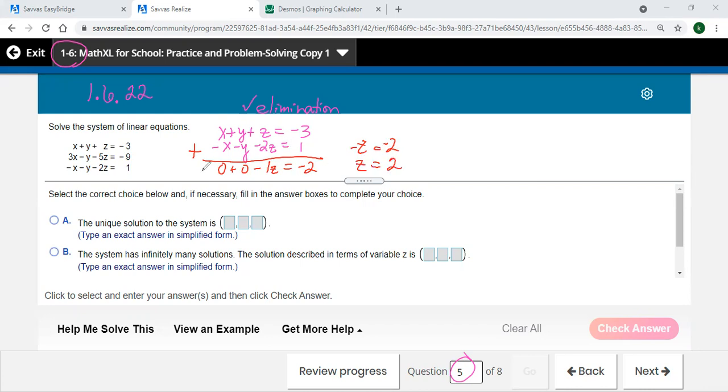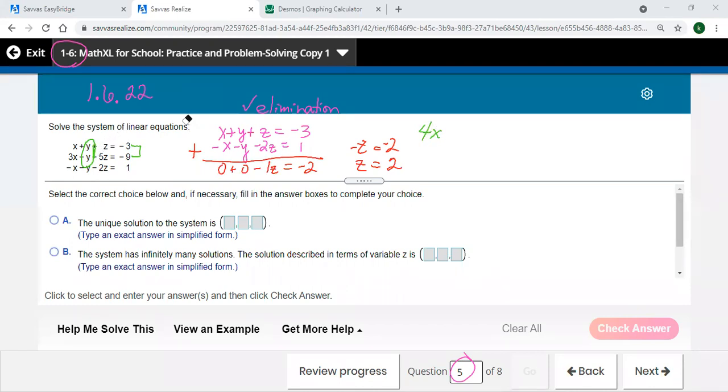Now, in order to find the next variable, we have to combine two different equations. In this case, I think I would do the top two, because the y and the negative y are going to cancel. So x and 3x is going to be 4x. And then z, and I think that's a positive 5.